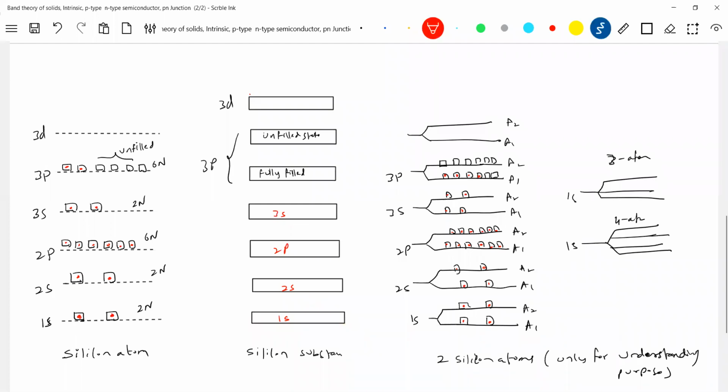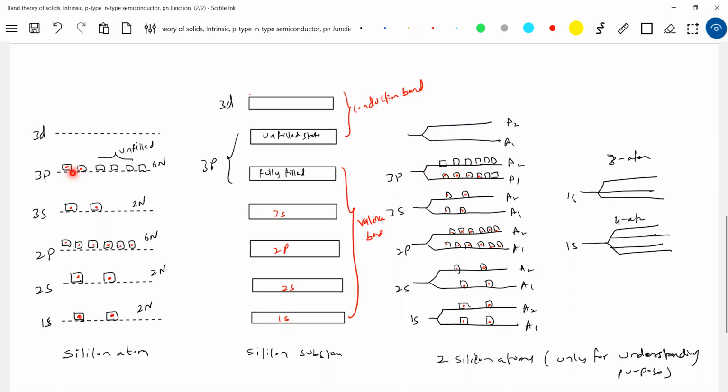All these are called the valence band. From here to here, this is called a valence band. All these are called the conduction band. The conduction band is not only one. Why does the conduction band have unfilled states, where do they come from? So all that particular two states are there, no?